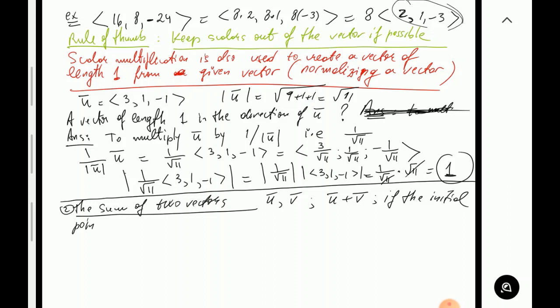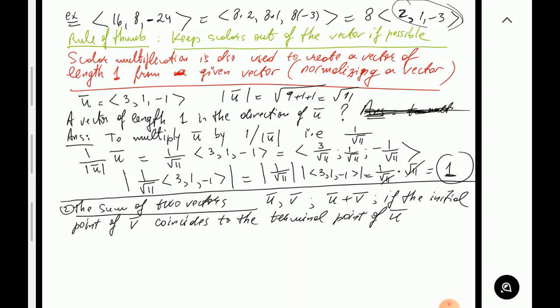If the initial point of v coincides to the terminal point of u. This is going to sound strange when you put it in words, but the picture is going to be much more suggestive.